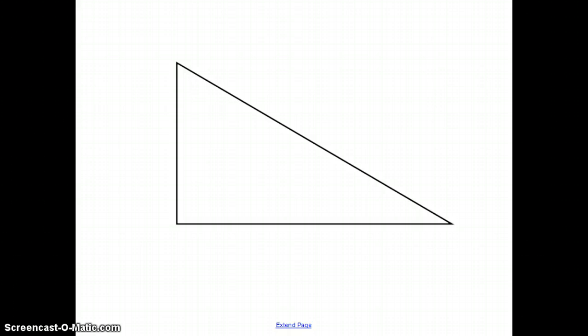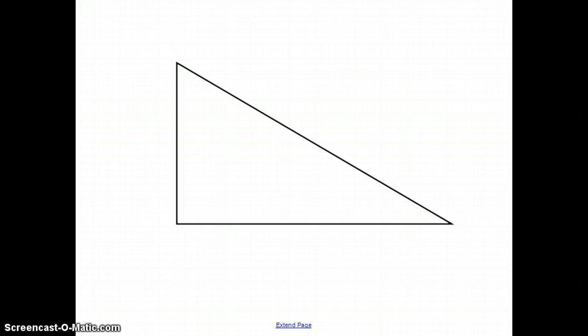When we have a triangle, we deal with two different measurements. We talk about our base and our height. Now, in rectangles and squares, we talk about length and width. They're pretty much the same thing if you're relating them to triangles.